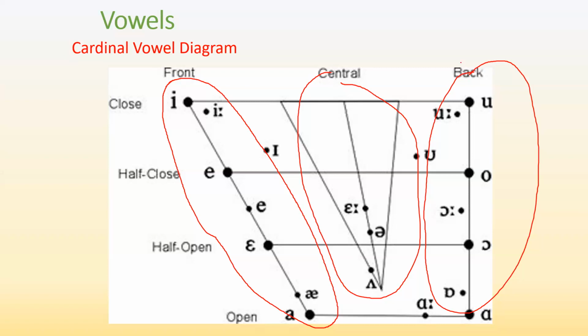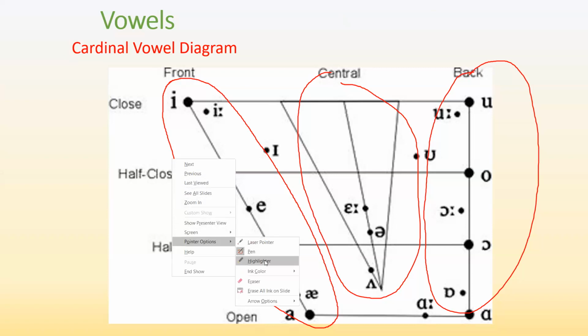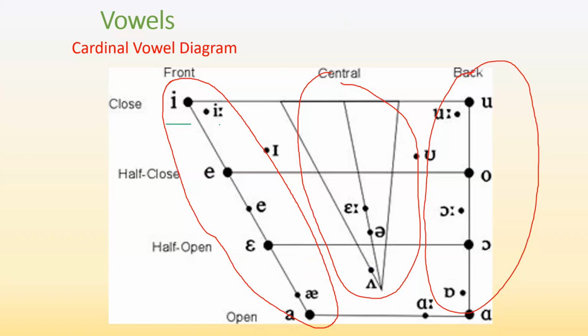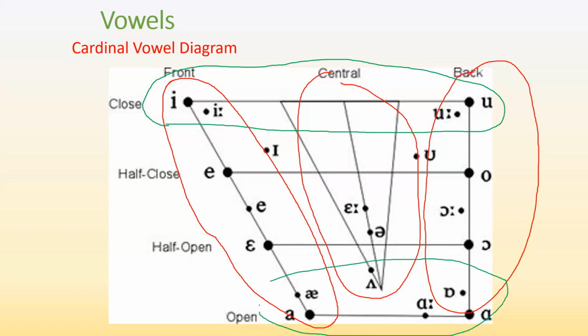Okay. So those high, mid, and low positions are not, of course, named here, but I will mark them. This is the high level, which I mark in green color. High level. And whatever vowel sound you can find inside this green circle, what are they? High vowels. And these are what?